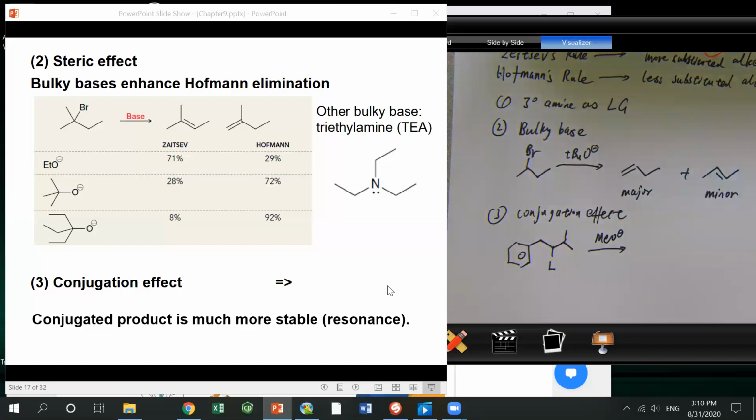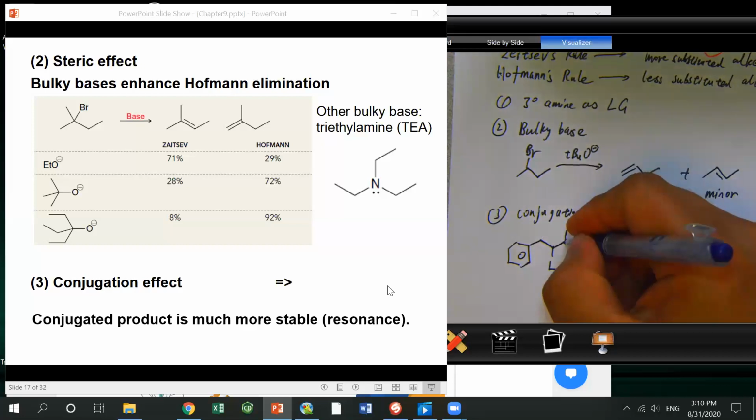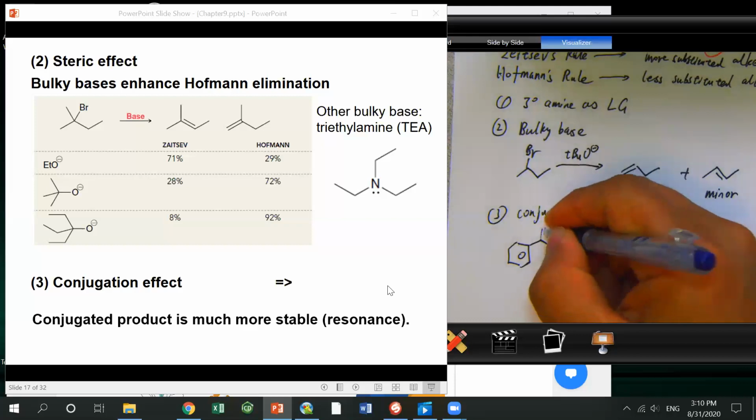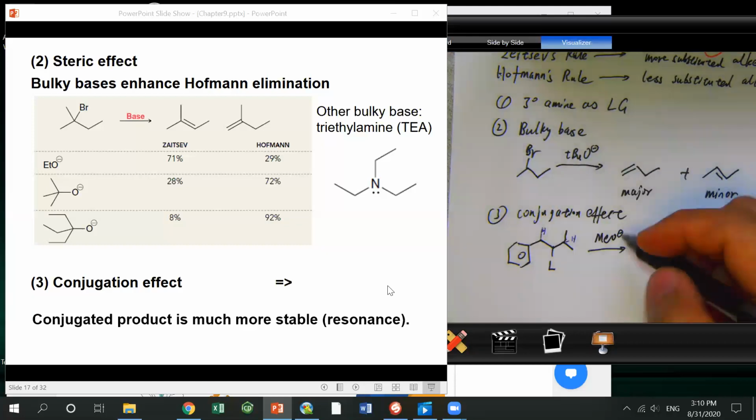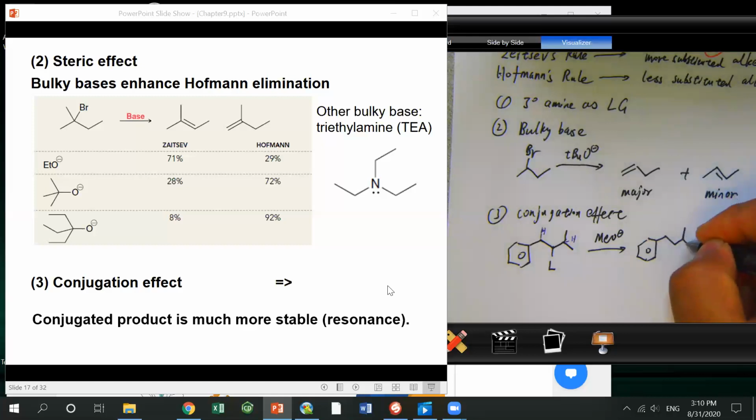There are two beta hydrogens, one here and one here. Theoretically, if we follow the Zaitsev rule, we should get the more substituted alkene as the major, because it has four alkyl groups surrounding the C=C bond. But in reality, this is the major product.